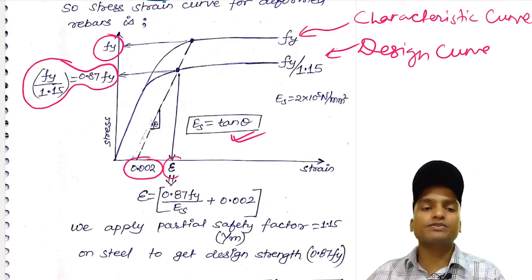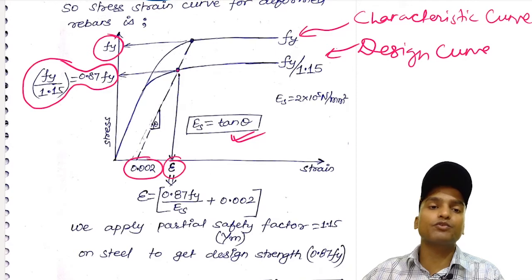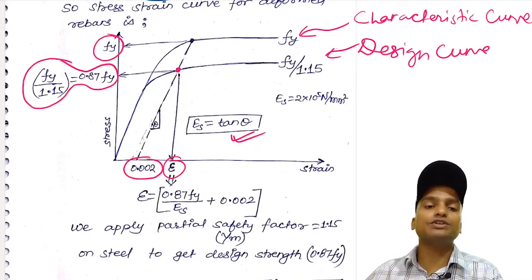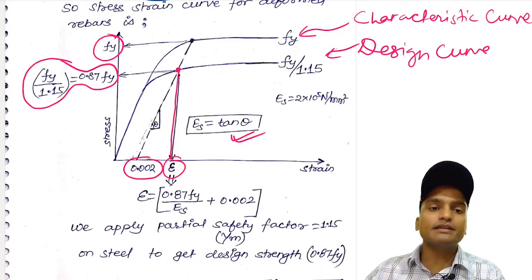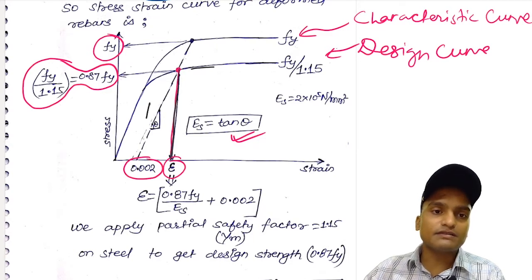Now the value of strain corresponding to this proof strain for the design curve can be calculated as 0.87 Fy. You can see 0.87 Fy is this value, divided by Es, and when you divide, you get this perpendicular height, and if you add the value 0.002, you will get the value of strain.